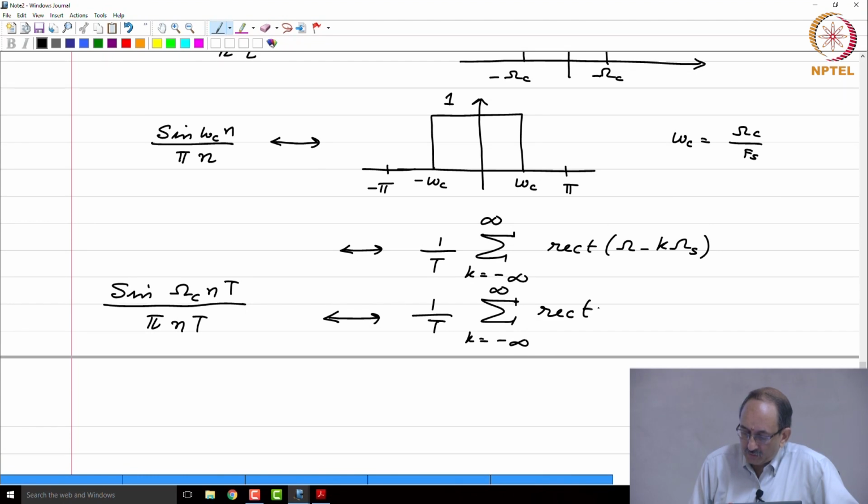So, now this becomes rect of little ω minus k times 2π.